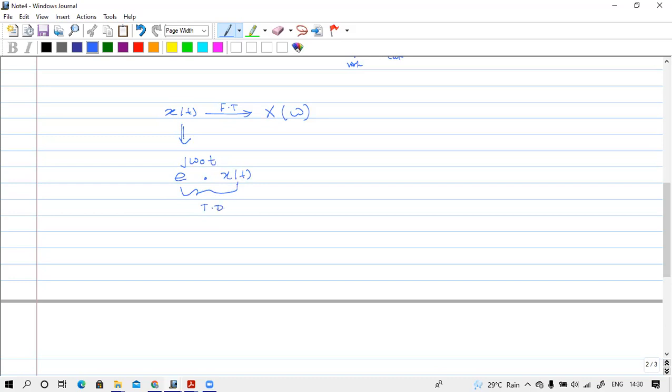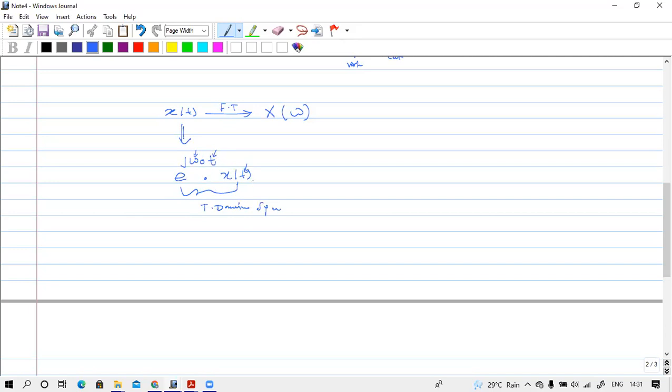So this is a time domain signal, no? This omega naught is a constant and this t is a variable, and this t and this t are the same. So this is the independent variable, and here also it is an independent variable.